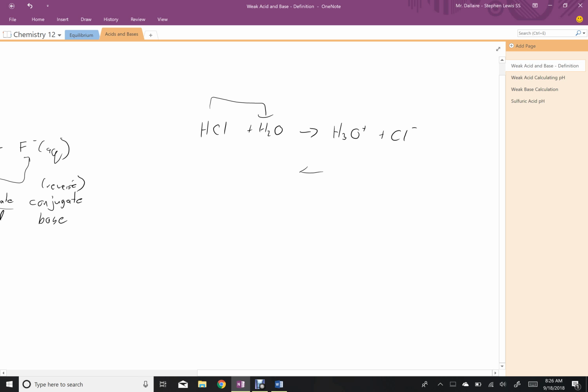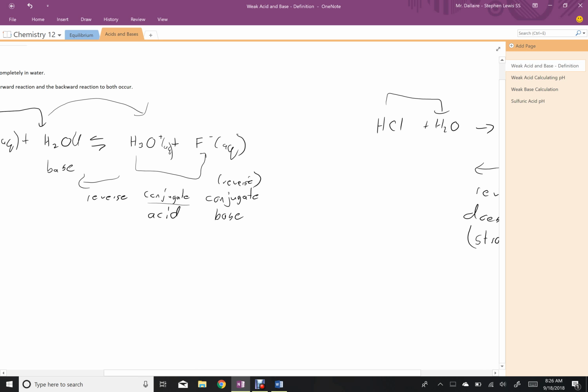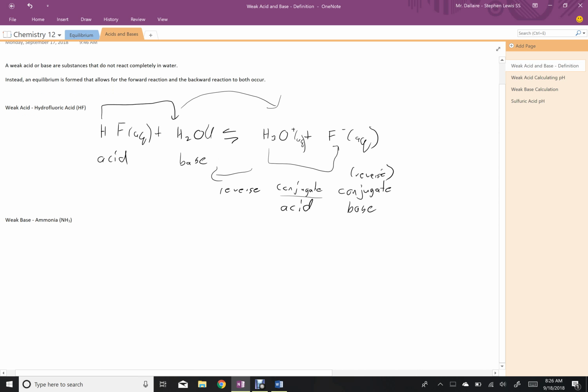But the reverse reaction doesn't occur, or doesn't occur enough that it's important. So that's what makes this strong. If the reverse reaction doesn't occur, it's strong. If the reverse reaction does occur, then that's what makes it weak.